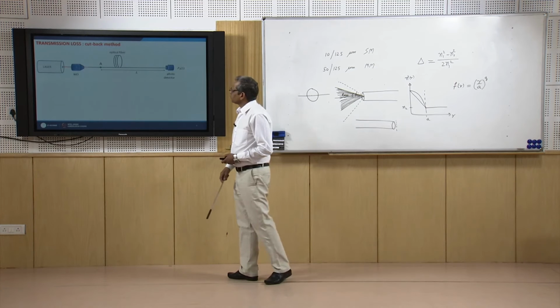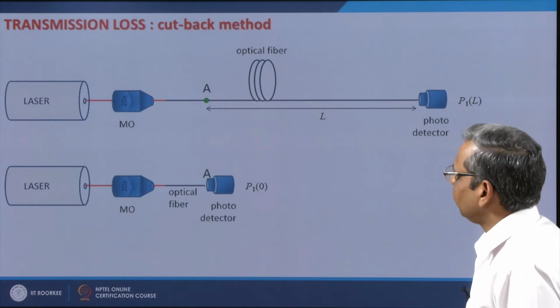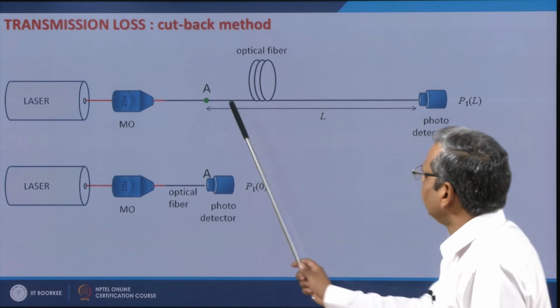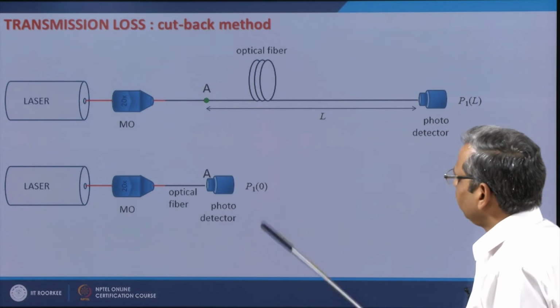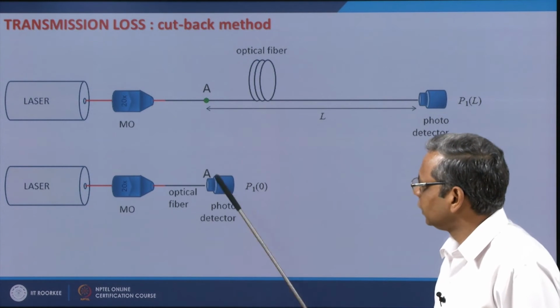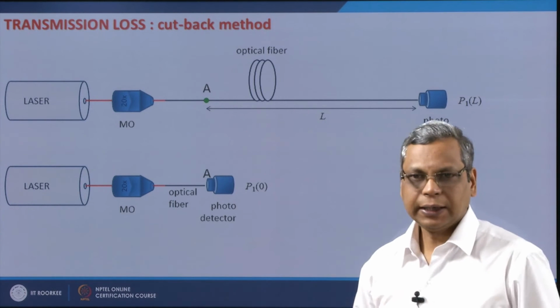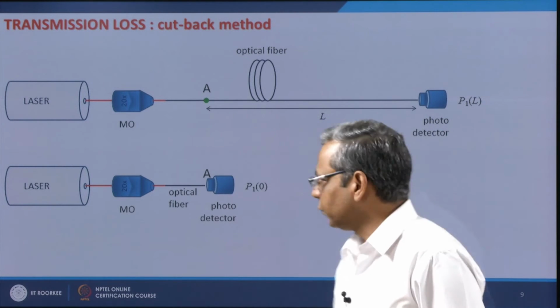Now, what you do, you cut the fiber here where you had marked it at point A, and remove this and put your photodetector. It is a large area detector, so that you can collect all the light coming out of the fiber.